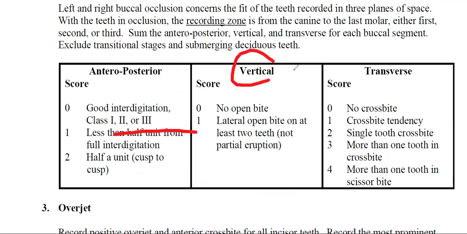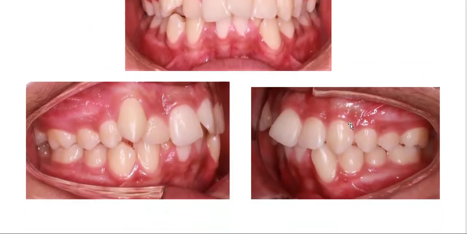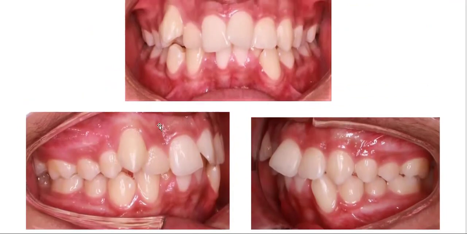So I do not have vertical lateral open bite of more than 1 tooth, right? And I have no transverse discrepancy here. So if someone says lateral open bite on canine, mesial of canine, I don't have more than 1 tooth, so I will skip this one. So now my marking is total 12 numbers, right?